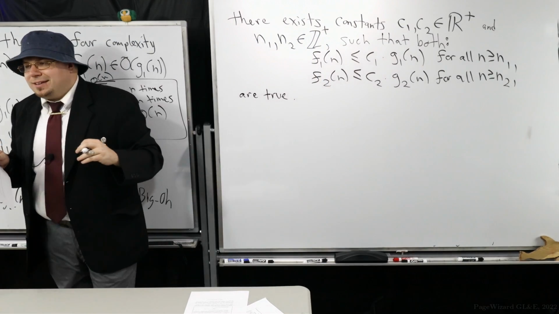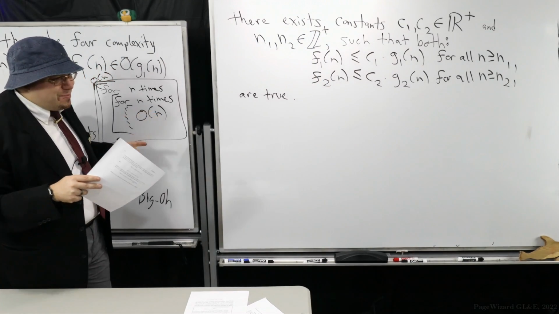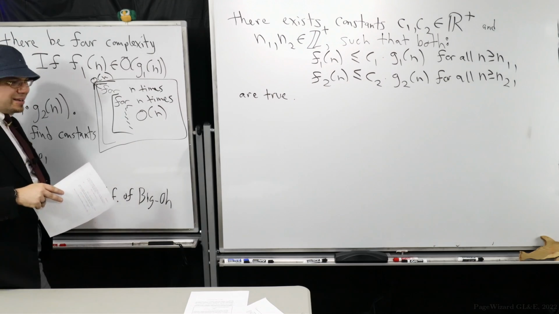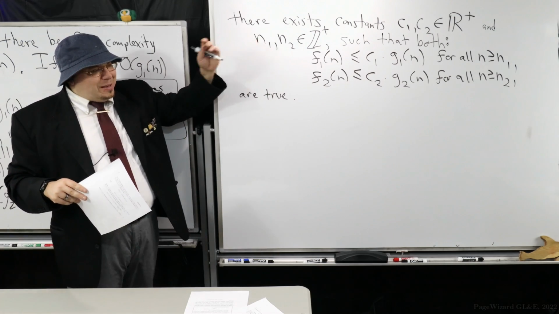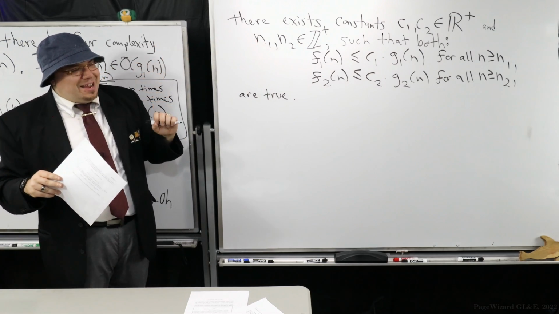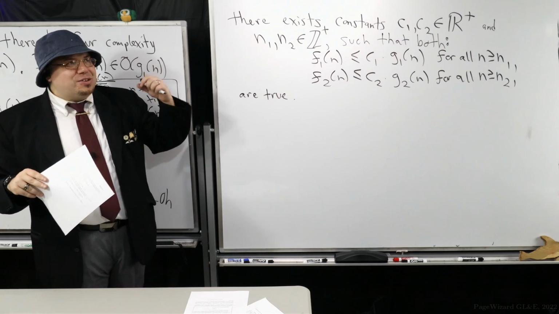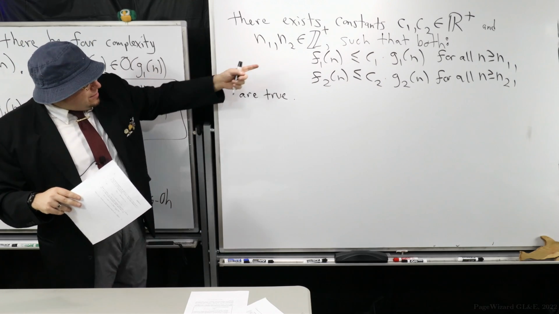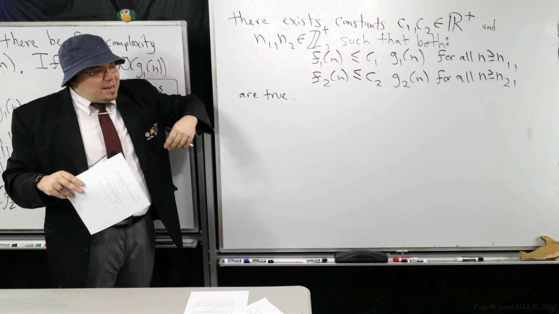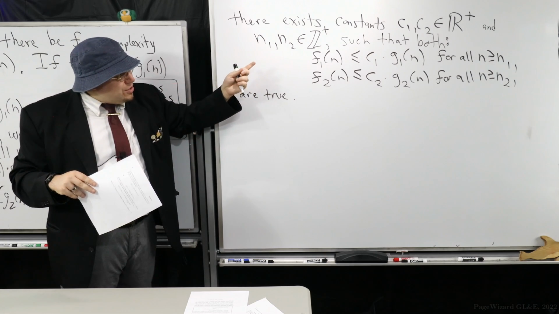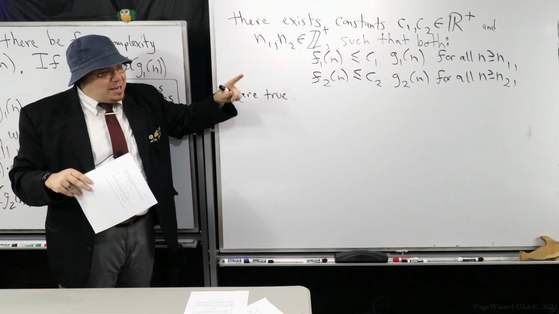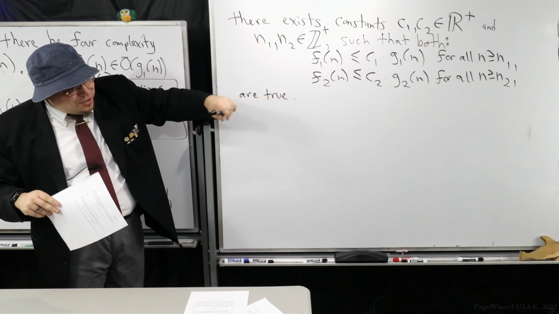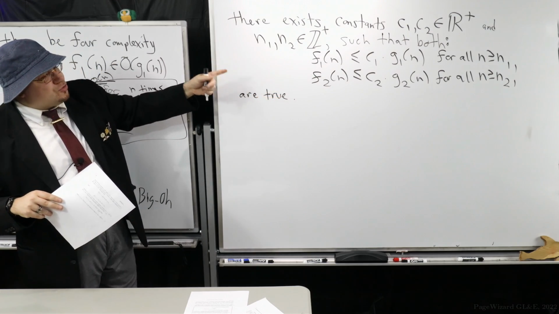All I've done is pull out the definition of big O twice, and I'm just spelling it out in a nice uniform way. So now I have these two inequalities. Akin to an example we've seen before, I'm going to pick n to be at least n1 and n2, so that both of these are true.